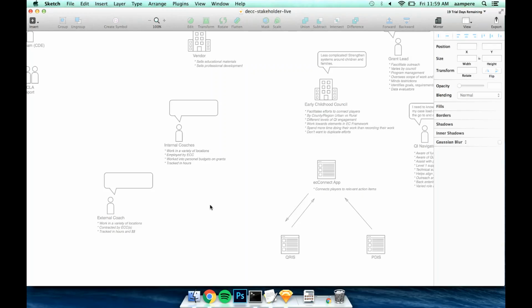Because other than tracking hours and perhaps seeing some things on the screen in EC Connect, I don't know that I can even say that I see a lot of value coming out of it myself, and that's sad because I'm really a data-loving person.